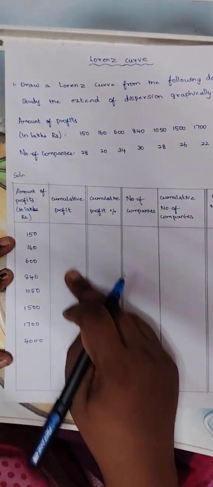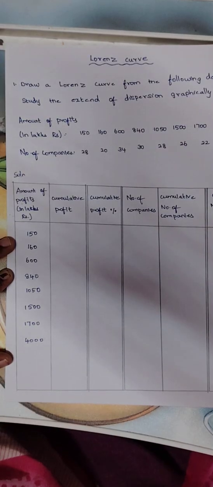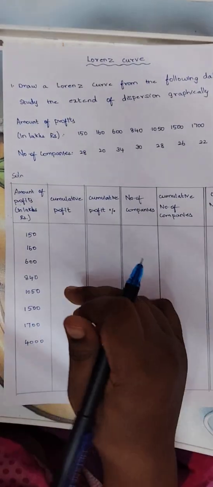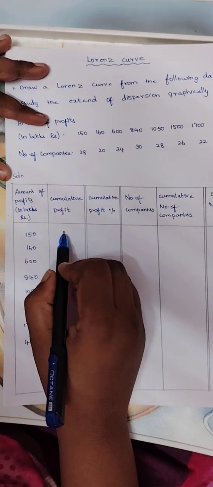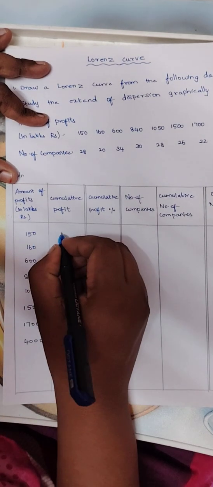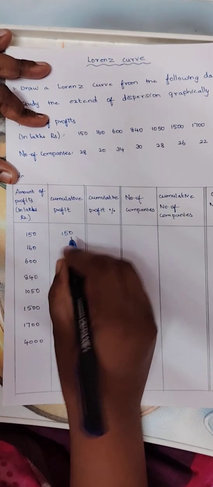Next I'll find the cumulative profit of the terms. Cumulative is nothing but addition. For the first term, we write it as it is: the first term is 150, so I'll write 150.